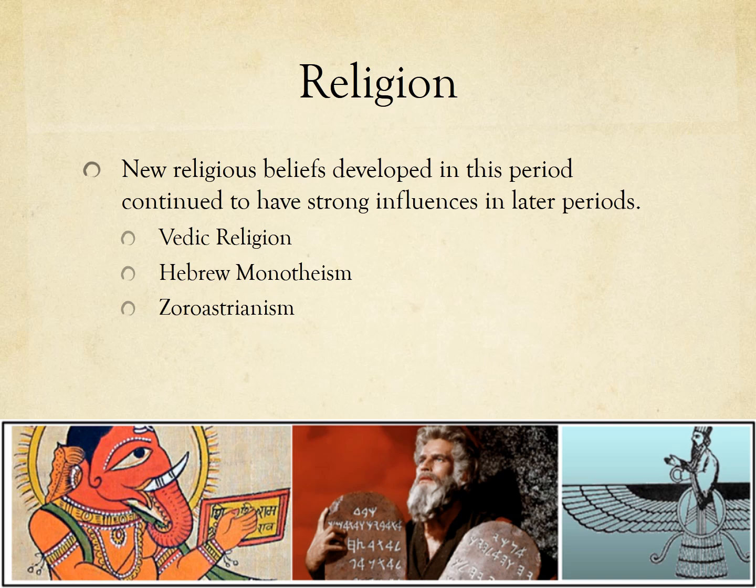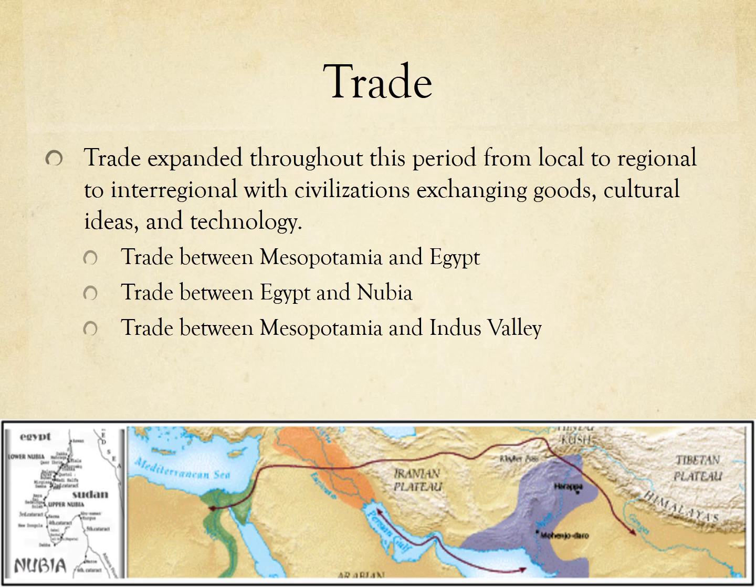You have Hebrew monotheism being created, and then you have Zoroastrianism being created in Persia. So all three of these religions are still highly, highly influential today. And even Zoroastrianism is still influential, and still practiced in some small areas.